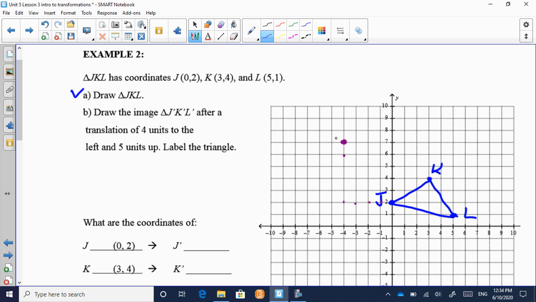So there's our new J prime. Let's do K. 4 units to the left. 1, 2, 3, 4. And 5 up. 1, 2, 3, 4, 5. There's K prime and L. 1, 2, 3, 4. 1, 2, 3, 4, 5 is L prime.